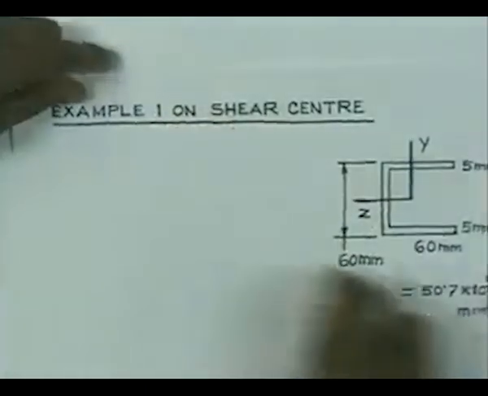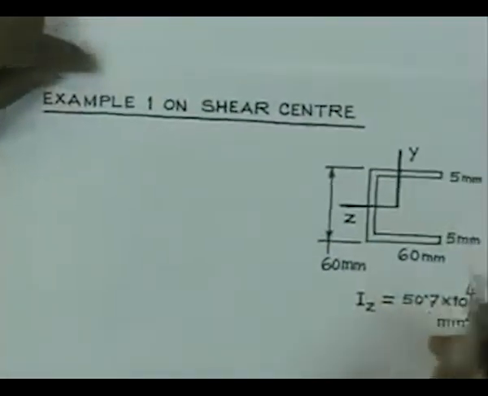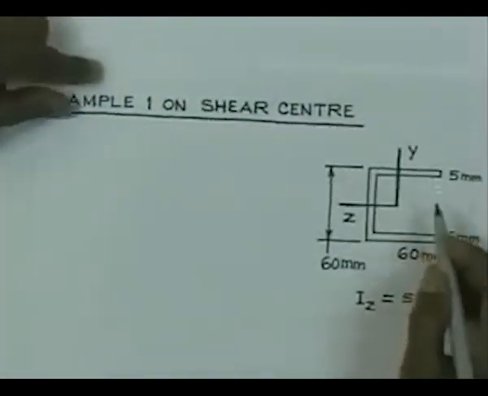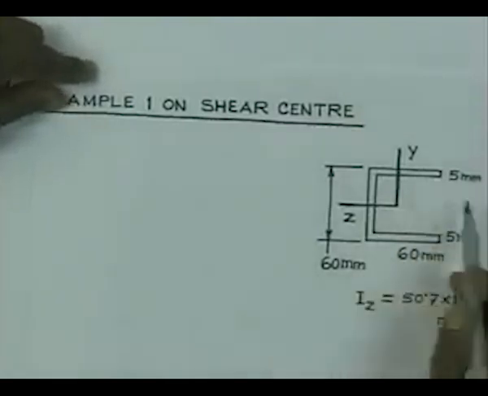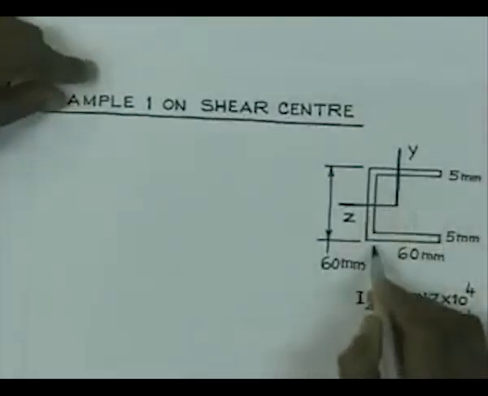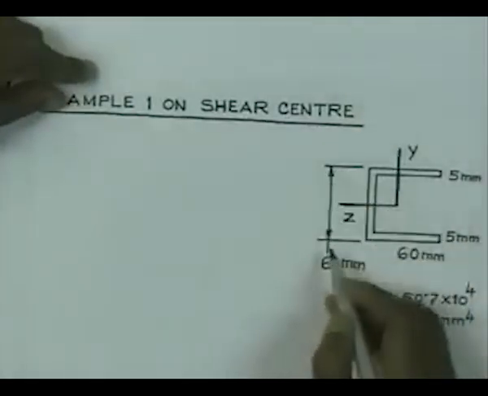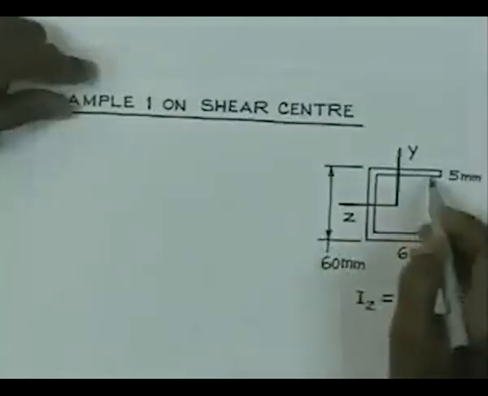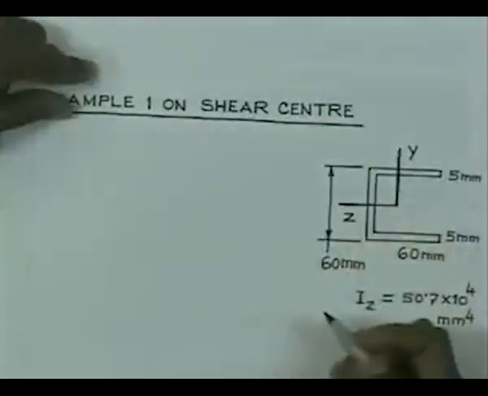Now we will solve some problems to have further understanding of this. Let us consider example 1 on shear center. We have a cross section given here. The flanges are of dimension 60 millimeter, the web is also 60 millimeter, and the wall thickness is 5 millimeter everywhere.